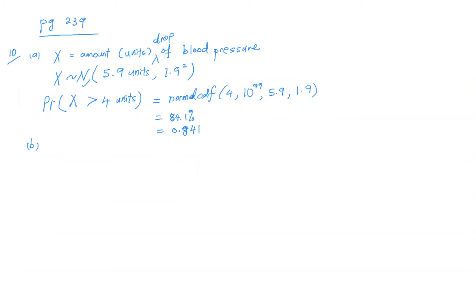Okay, now you tell me for part B. 8 people taking the course of tablet are selected at random. Find the probability that at least 6 of them will show a drop in pressure of more than 4 units. So whatever in part A that you can see in part B, which part of it?